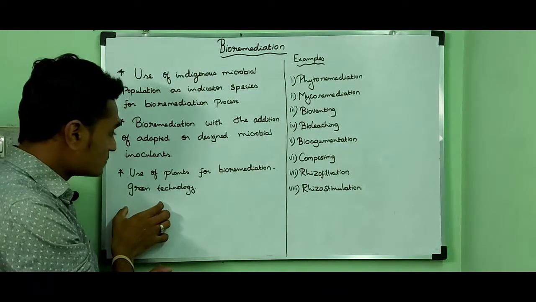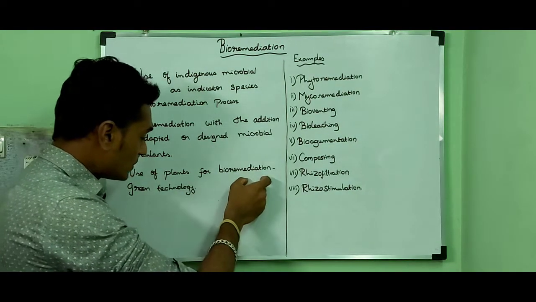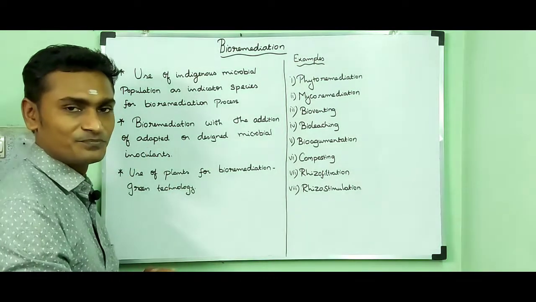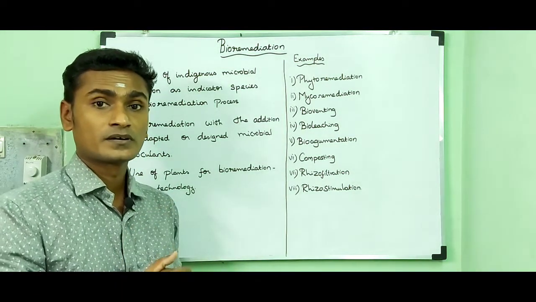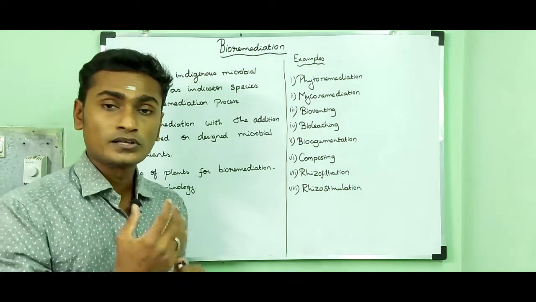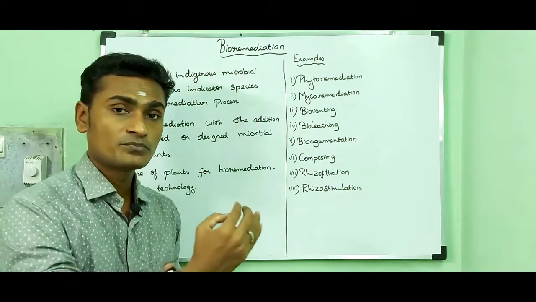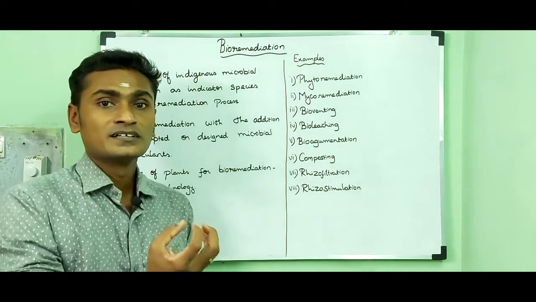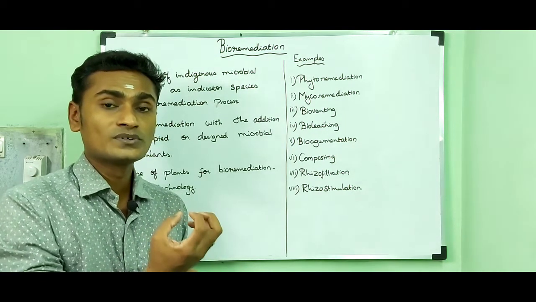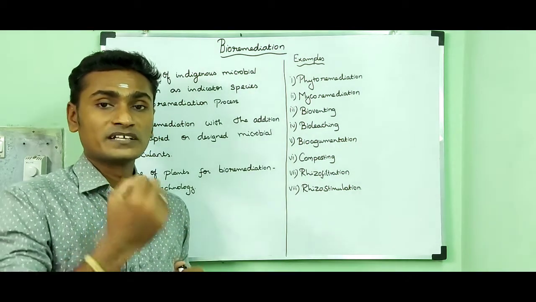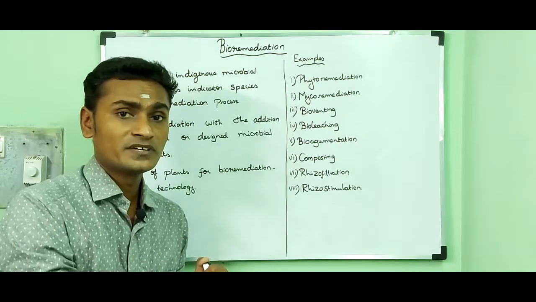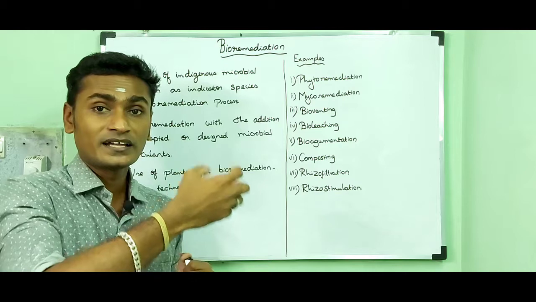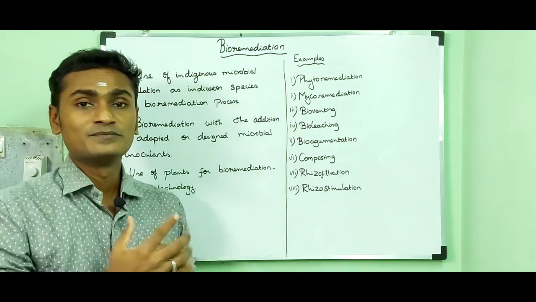Then the last point: use of plants for bioremediation, green technology. We can use plants, for example, Eichhornia and Polygonum. With these plants, we can take up the pollutants through the roots and then uproot the plants from that environment, so that the chemicals present in the environment are taken up by the plants and removed along with them.